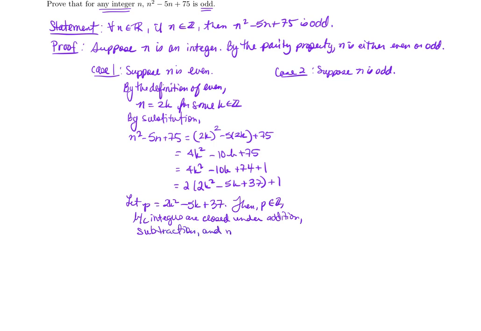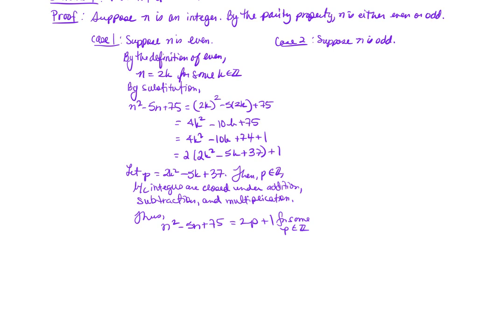So thus, if we continue our simplification, we have n squared minus 5n plus 75 is now equal to 2 times p plus 1 for some p in the set of integers. And that sure sounds like the definition of odd to me. So by the definition of odd, n squared minus 5n plus 75 is odd when n is even.